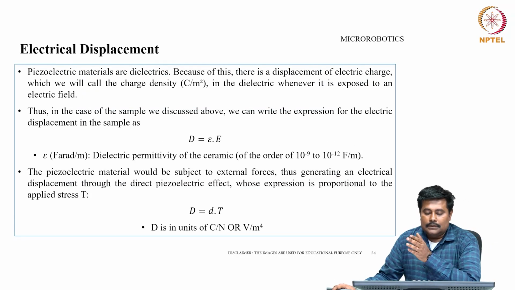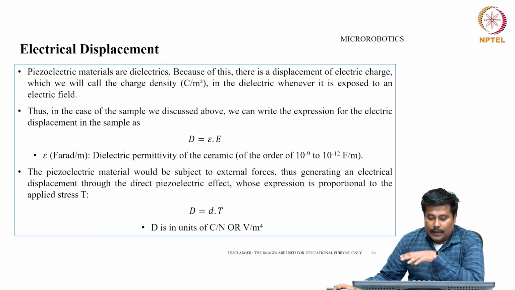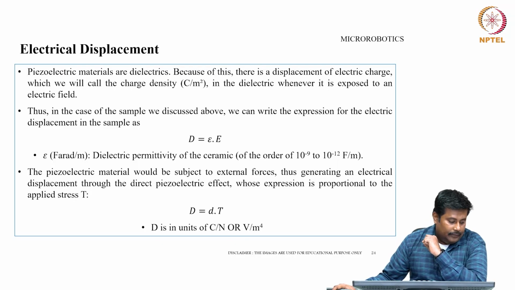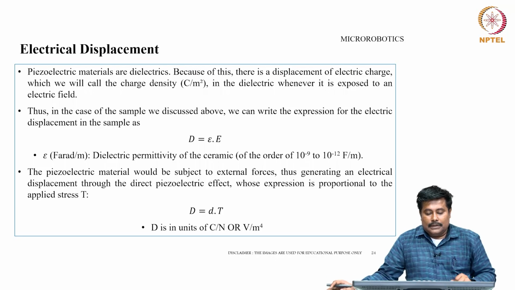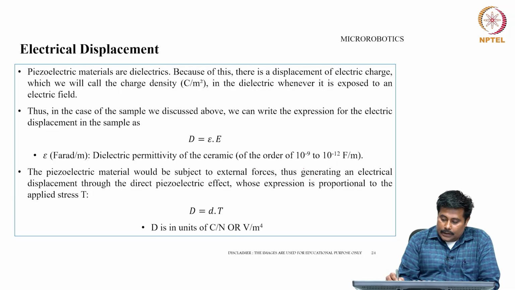Now, when we consider the electrical displacement, the piezoelectric materials are dielectrics. Because of this, there is a displacement of electric charge, which we call the charge density in the dielectric, whenever it is exposed to an electric field. Thus, the expression for the electric displacement in the sample is D equals epsilon E, where epsilon is the dielectric permittivity of the ceramic, of the order of 10 power minus 9 to 10 power minus 12.